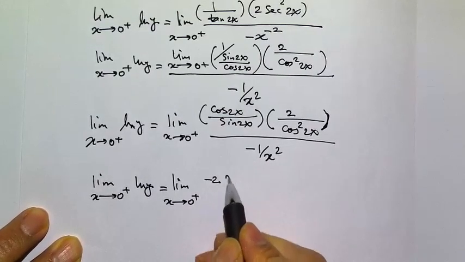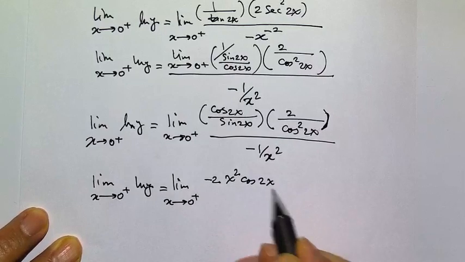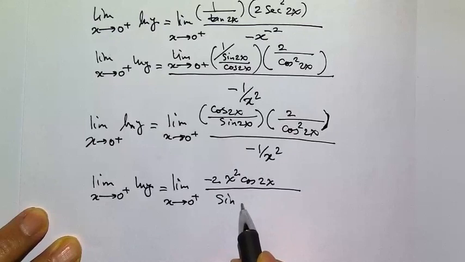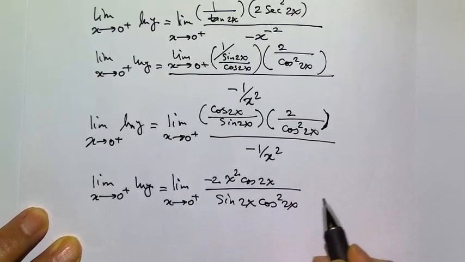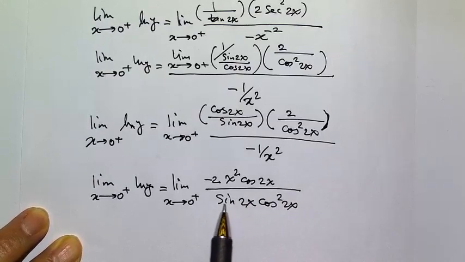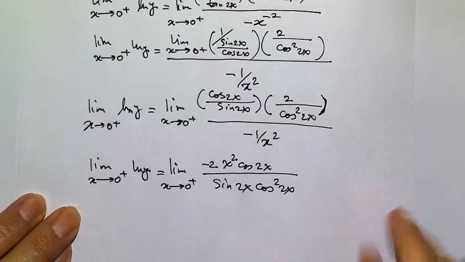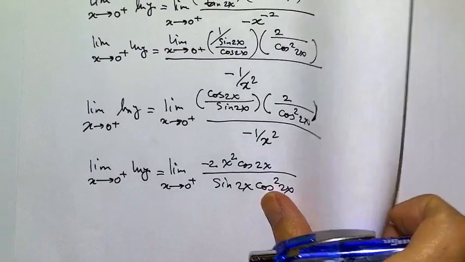We get minus 2x squared cosine of 2x divided by sine 2x cosine squared 2x. Let me just double check to make sure that looks good. And then let me go to the next page, I'm running out of room here.